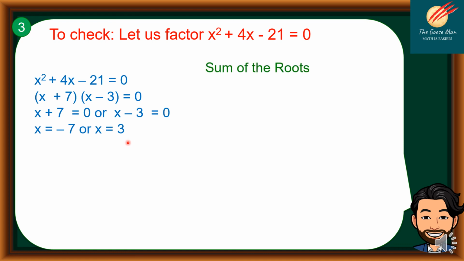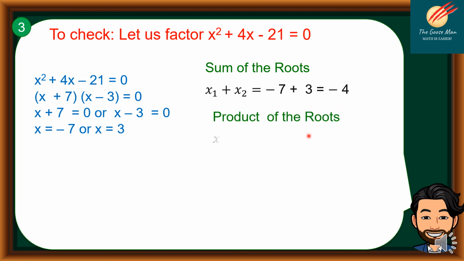Now, to find the sum of the roots, I'll add negative 7 and 3. This will result to negative 4. On the other hand, the product of the roots is negative 7 times 3, which is equal to negative 21. Observe the relationship again of the sum of the roots and the product of the roots.